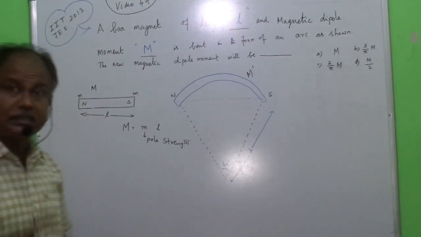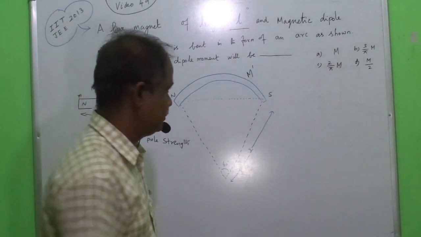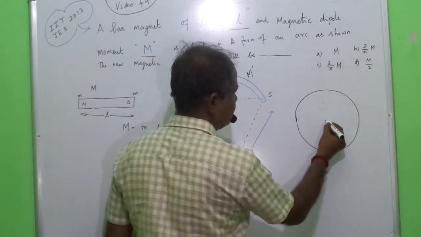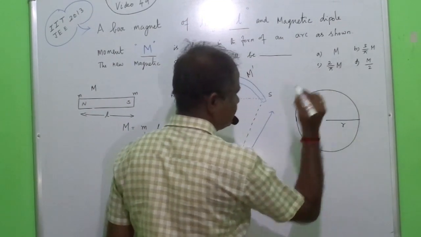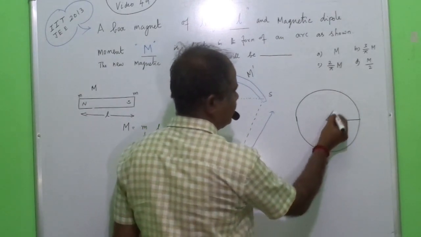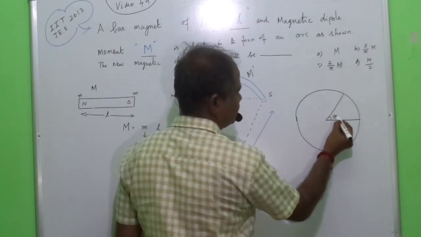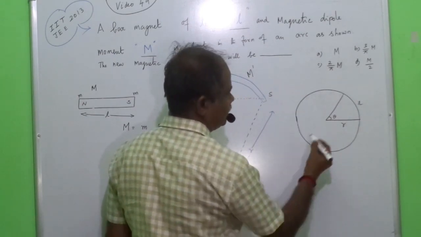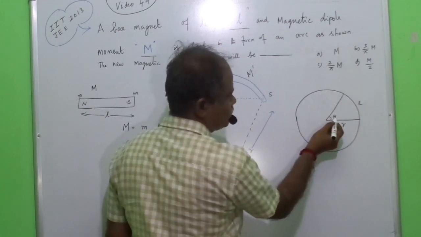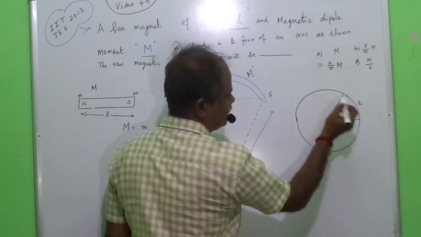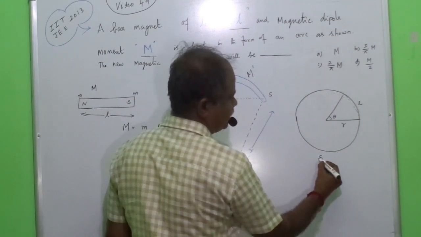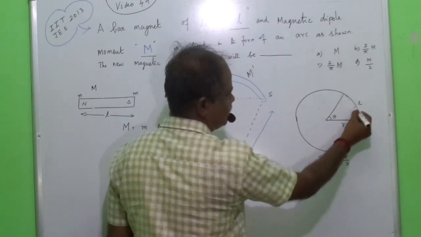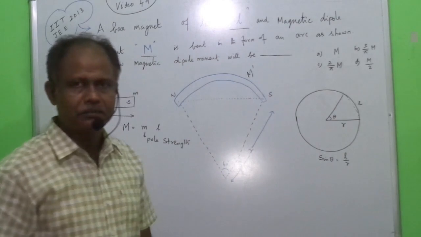For example, there is an elementary mathematics concept. If you consider a circle of radius small r, it makes an angle theta, let the chord be L. If this theta is small, let us consider a right angle triangle, then sin theta is equal to L by R, opposite side by hypotenuse.